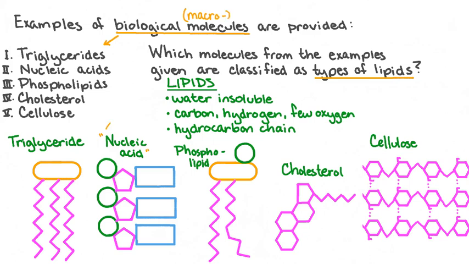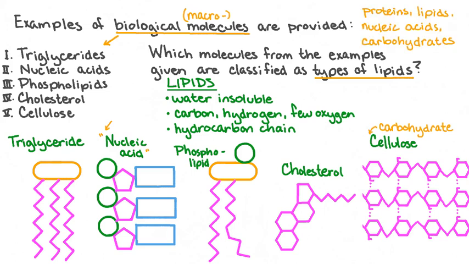Well, nucleic acids are their own category of macromolecule, and cellulose is an example of what we call a carbohydrate. Our four types of biological macromolecules are proteins, lipids, nucleic acids, and carbohydrates. Since nucleic acids and cellulose belong to other categories, we know that they're not lipids.